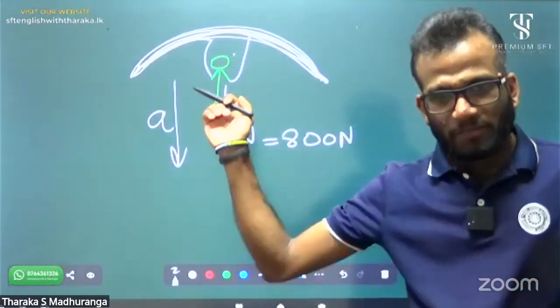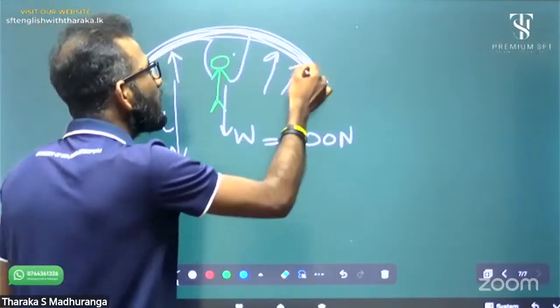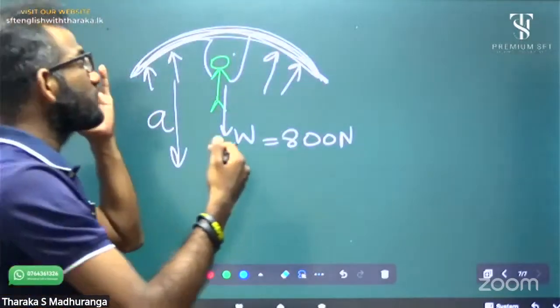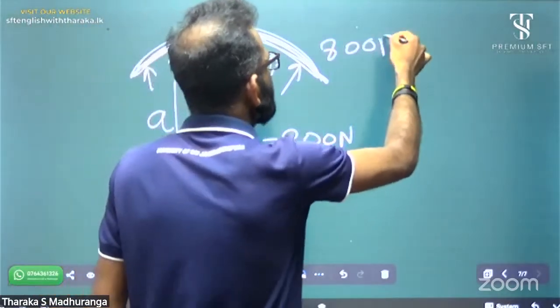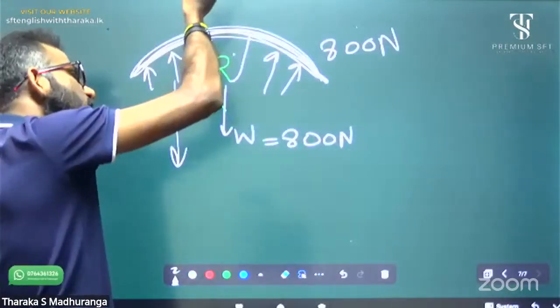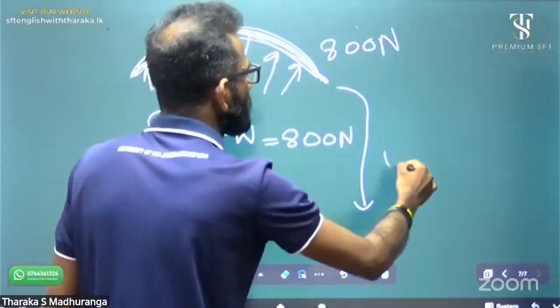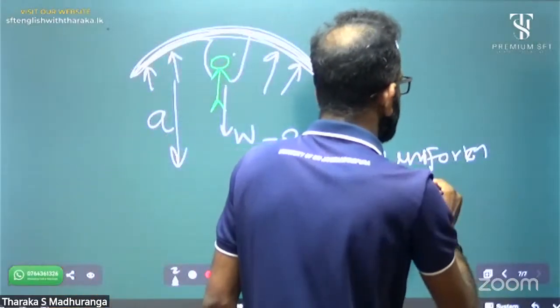Okay, he can use a parachute. Due to the parachute, now he has huge air resistance. Now think approximately 800 Newton air resistance force upward. Now he can move with uniform velocity.